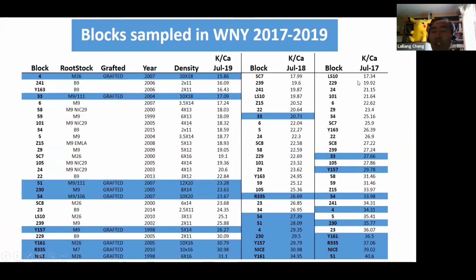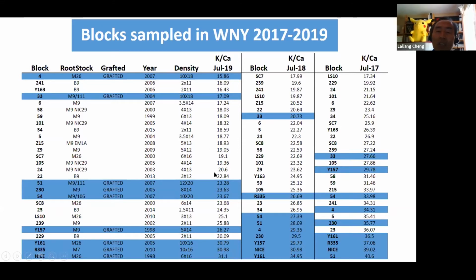As you can see here, we got a range of potassium to calcium ratios from the sap analysis. In 2017, it ranged from 17 to about 41. In 2018, very similar. The numbers ranged from 18 to 35. In 2019, the numbers range from 16 to 31.